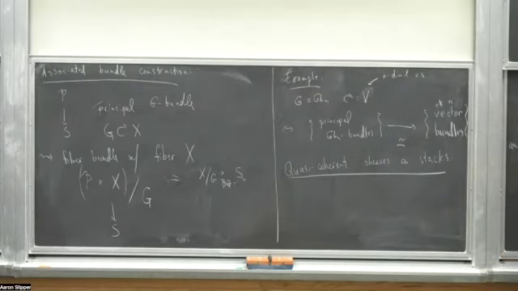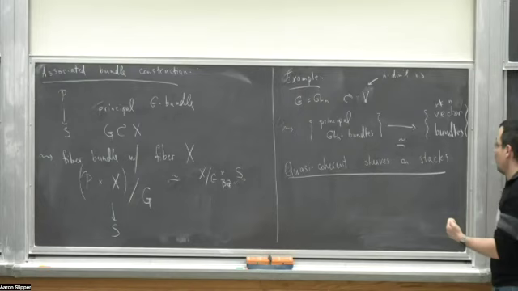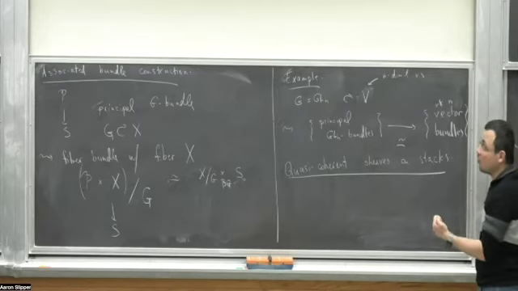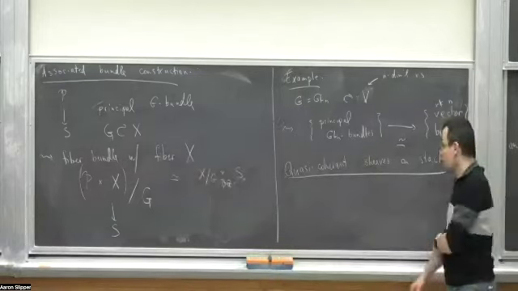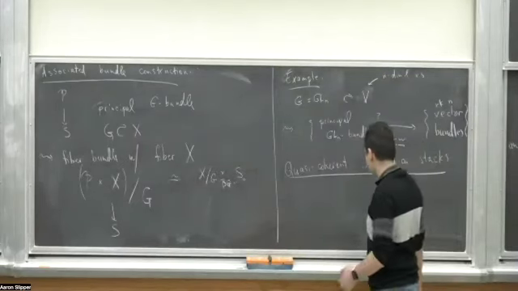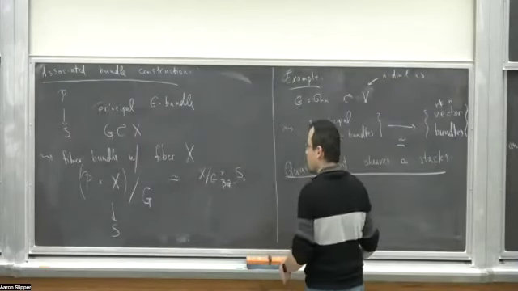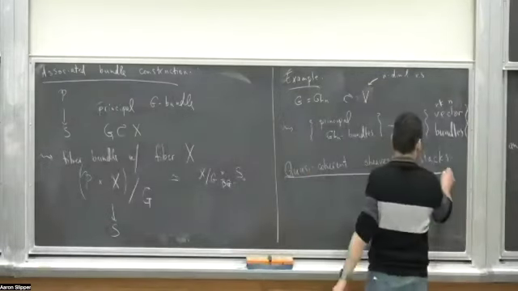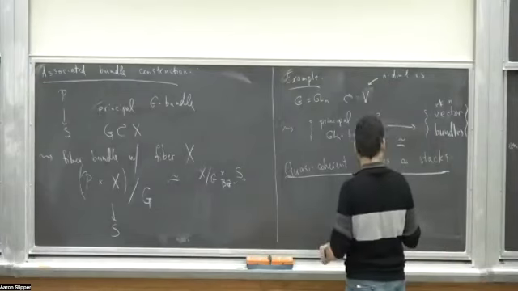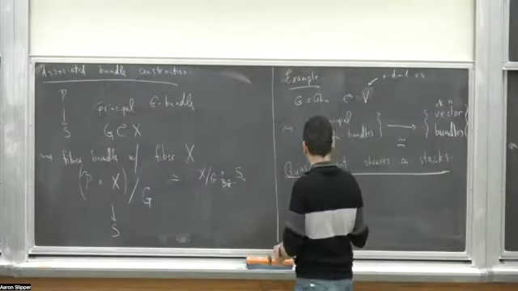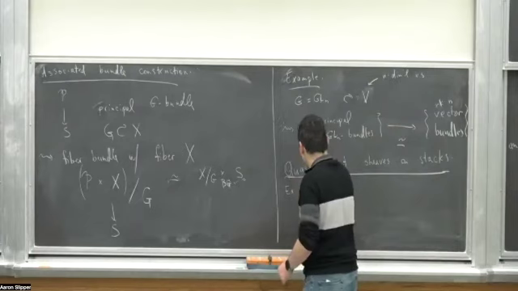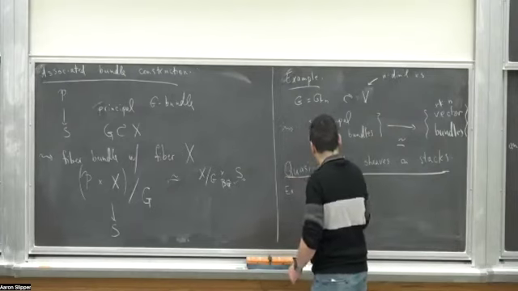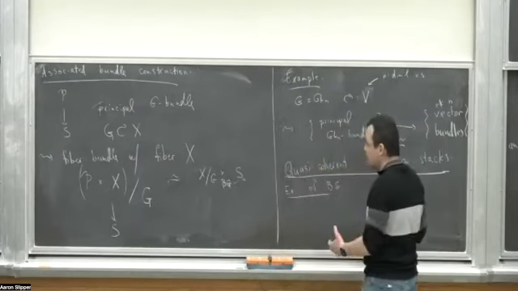Roughly speaking, it's a coherent assignment to every S point of a quasi-coherent sheaf on X. But in this case of a quotient by a group or a groupoid, let me just do the example of BG.